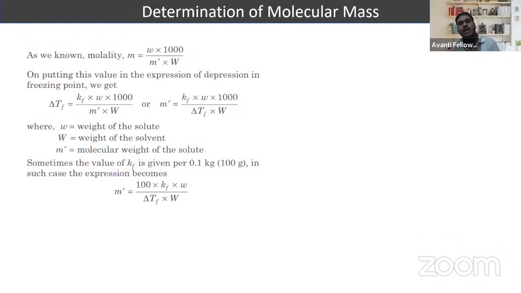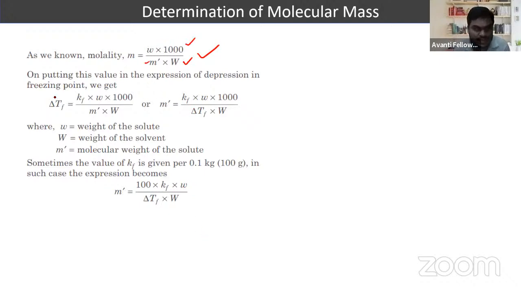Right. Now, how to determine the molecular masses? On the same basis, just like elevation of boiling point, because here also delta Tf is directly proportional to molality, we use the similar formula of molality and we determine the molecular masses. As we know, molality is nothing but mass of the solute upon molar mass, multiplied by 1000 divided by mass of the solvent.